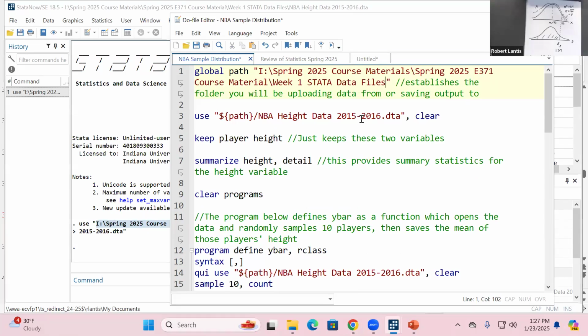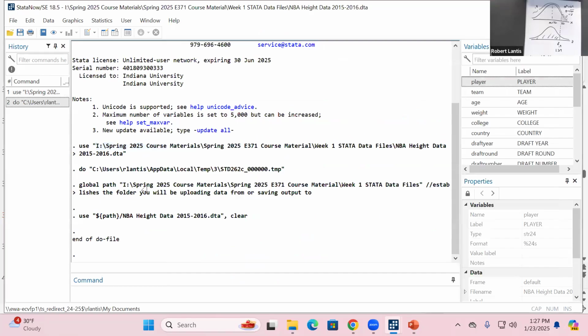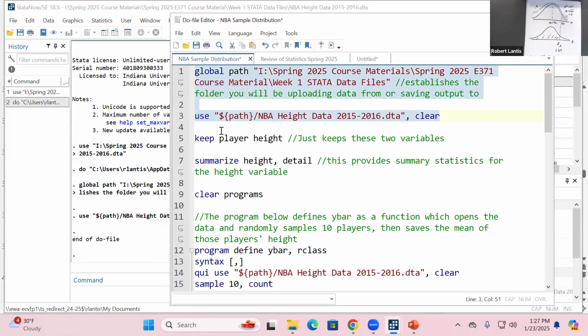So I try to write everything so that you can set that global path and run it yourself, right? So I've got this global path defined. The very first thing this did was open up that data set again. Notice, it's doing the exact same thing as if I did this manually, going to file and open. And we talked about this last week.